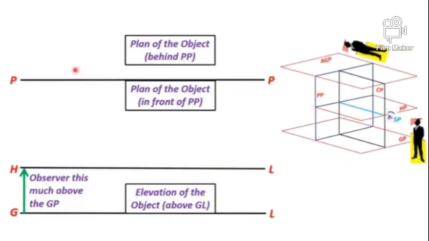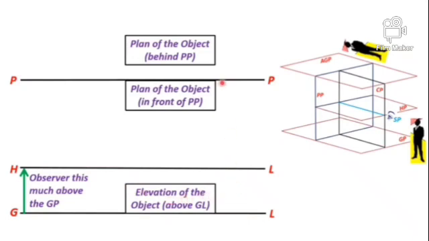We also need to locate the front view and top view of the station point, because here the observer is at a finite distance from the object. To locate it, we need three distances. The distance of the observer above the ground plane is this distance, it is the level of the horizon line.